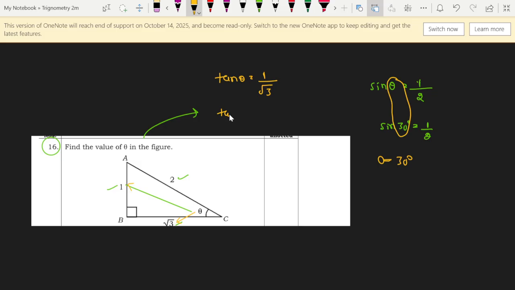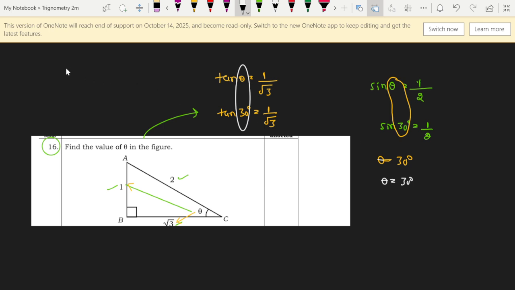That is tan 30 degrees. Tan 30 degrees is equal to 1 by root 3. So again we get theta is equal to 30 degrees only. Previously also we got 30 degrees.